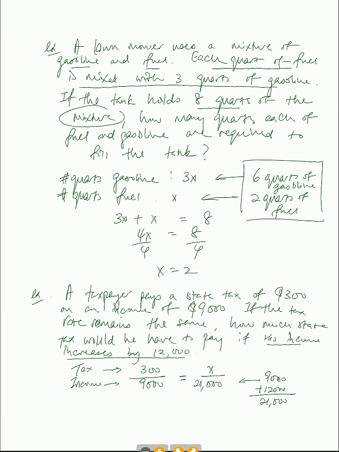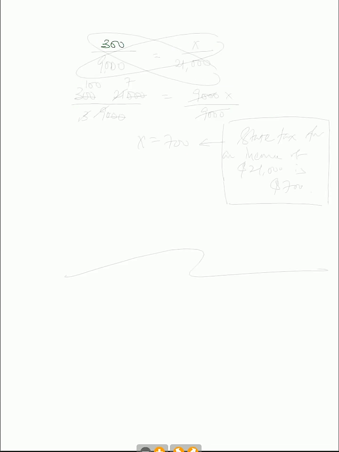So you can set it up as a proportion statement, and now you solve this. We can actually cross multiply and solve this. Let me write this problem on the other side, the equation, and I'll show you how to solve it. The equation we had was 300 for tax if his income was 9,000, and we do not know what the state tax will be, but we know his income is now 21,000.